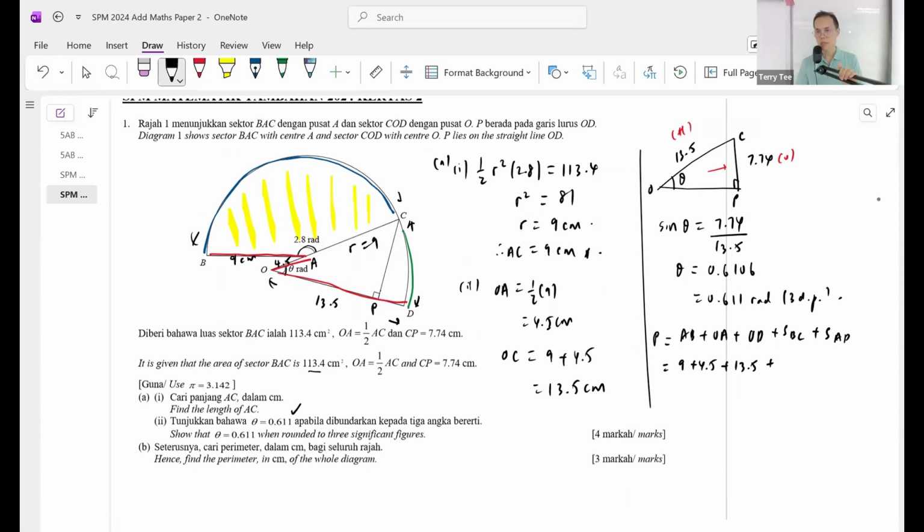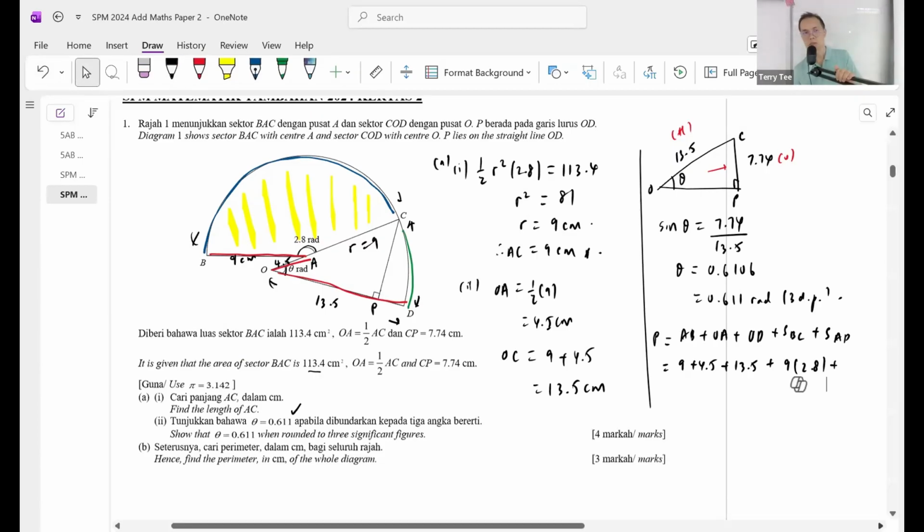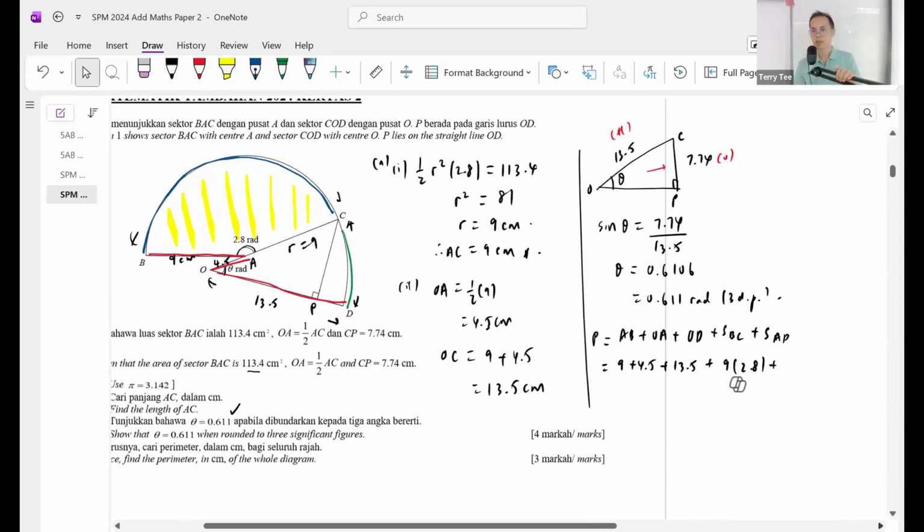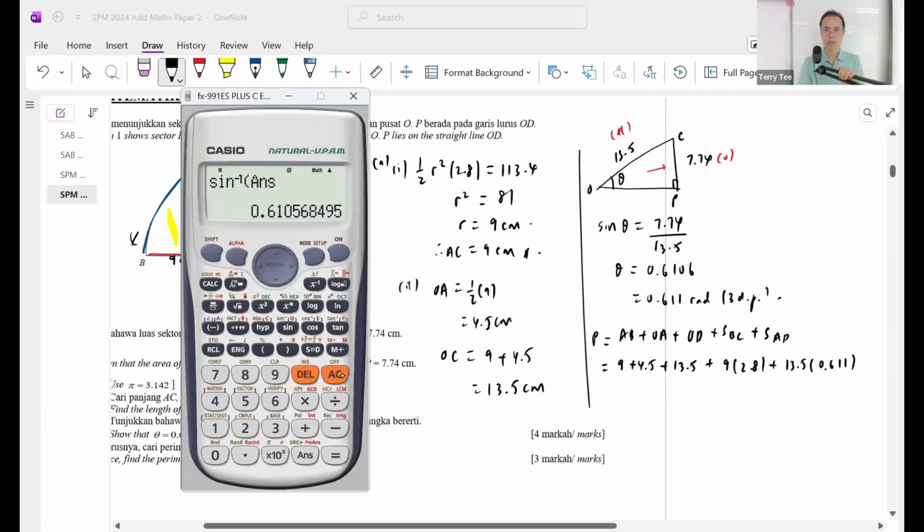For BC, we use s equals r theta, 9 times 2.8. For AD, we use 13.5 times your theta, 13.5 times 0.611. Now let's use our calculator. So it's basically 13.5 times 2 because 9 plus 4.5 is also 13.5.